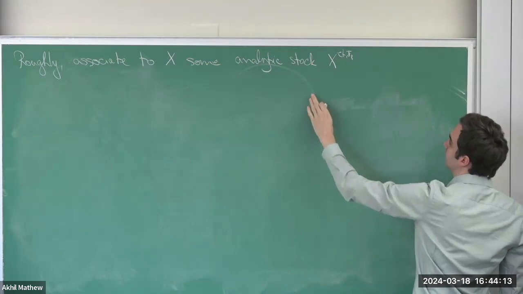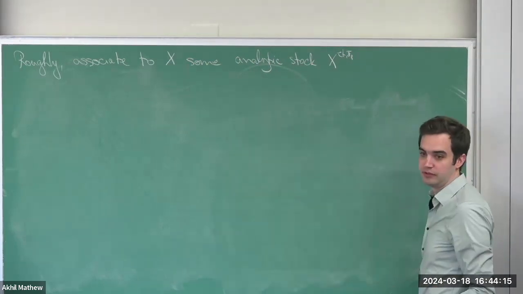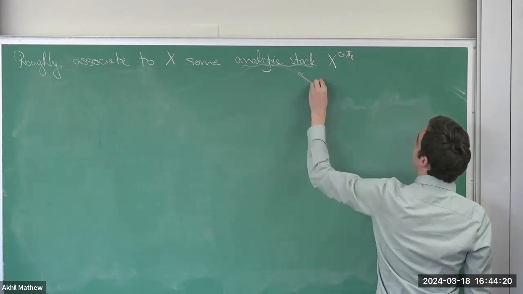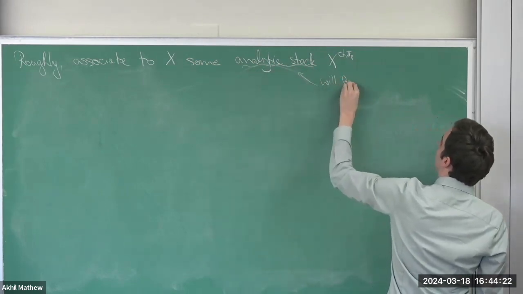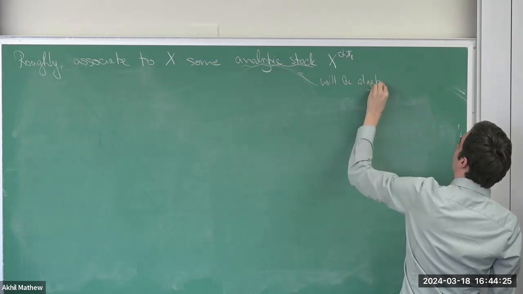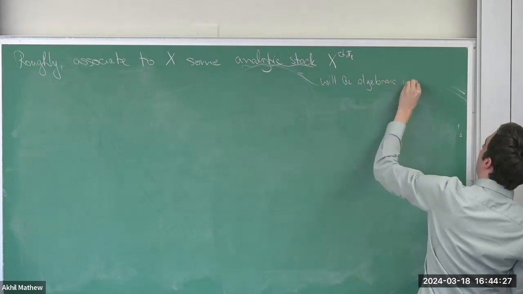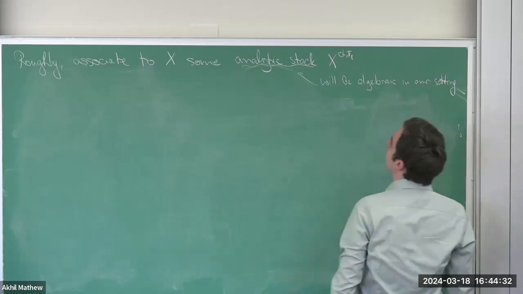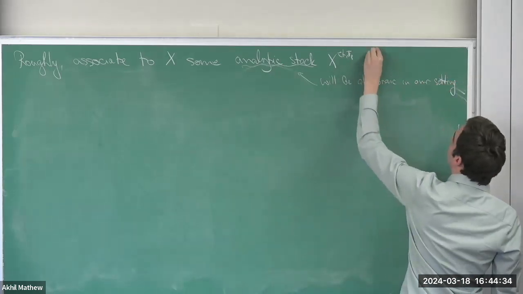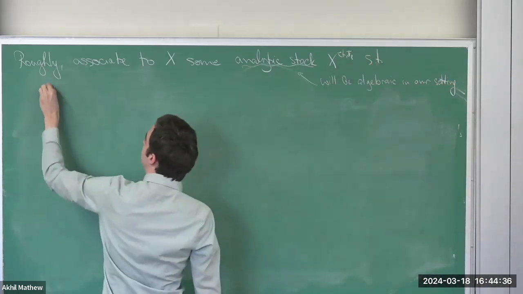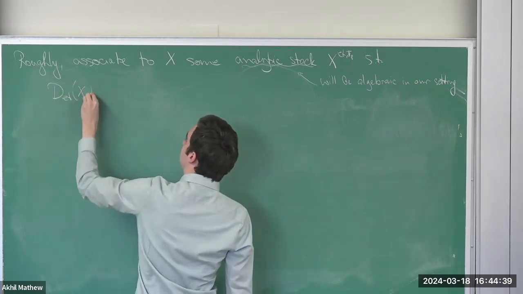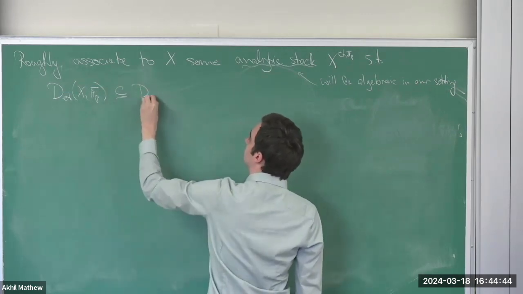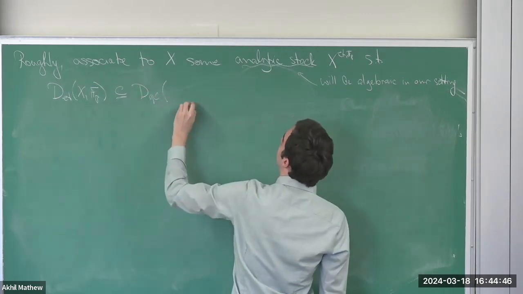And okay, analytic stack is terminology in this condensed framework of Clausen-Scholze, but in our setting, it will just be an algebraic stack. And then such that the sheaves on X embed into quasicoherent sheaves on that stack.